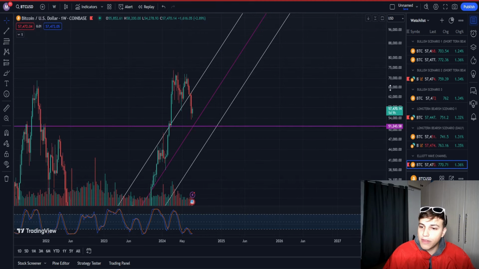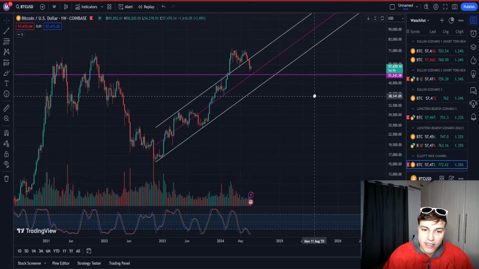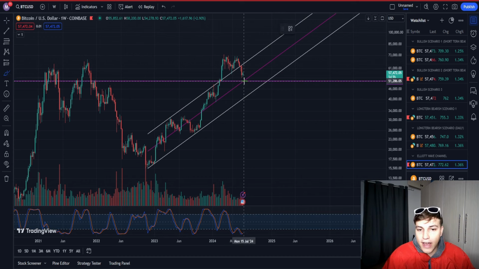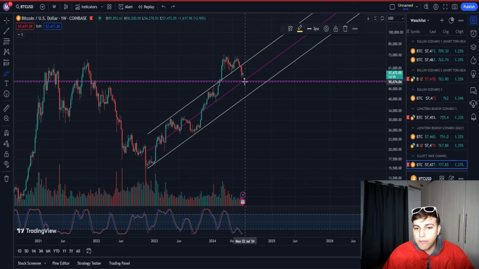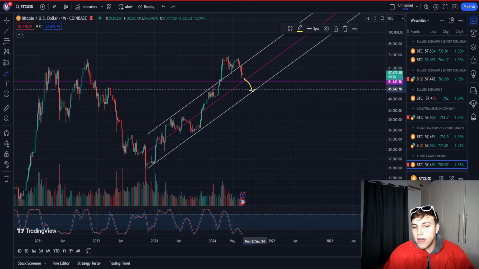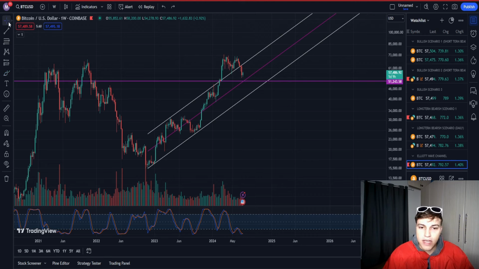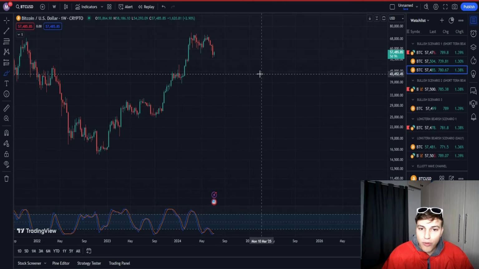Often the middle line of this channel is hit, and we should see a nice rejection from that middle line. If that middle line is broken, we could be targeting that lower channel line at $45,000.